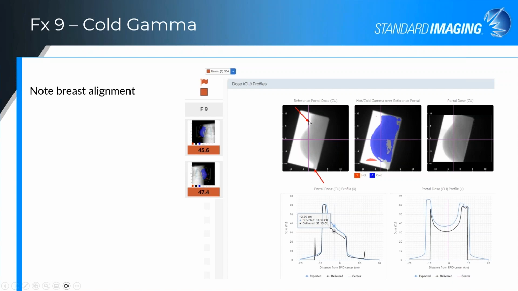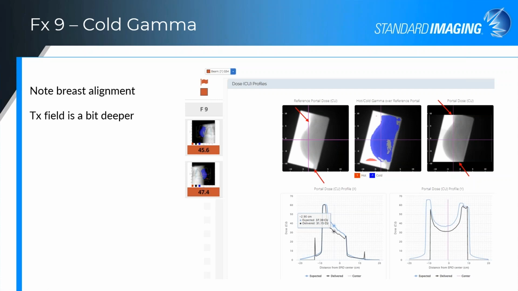Looking at the setup on the superior aspect, you can see that it does not align quite as one would expect. The field is a little deeper cut, or bite, in the breast on the actual portal dose, which is on the right. So you are getting this cold signal where the breast, being cone shaped, gets a little thicker.